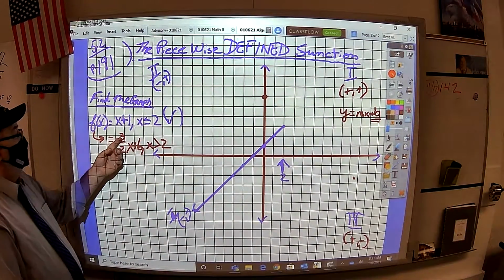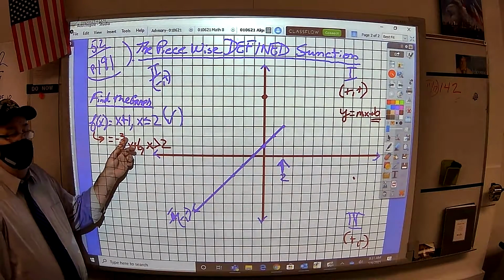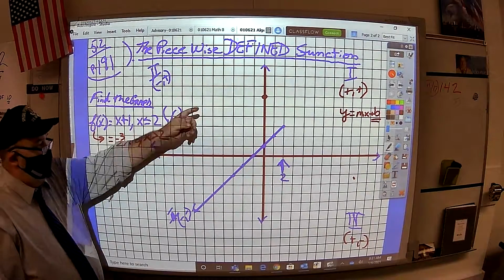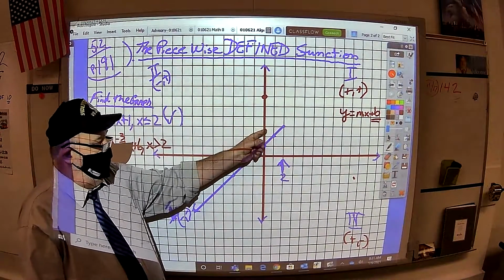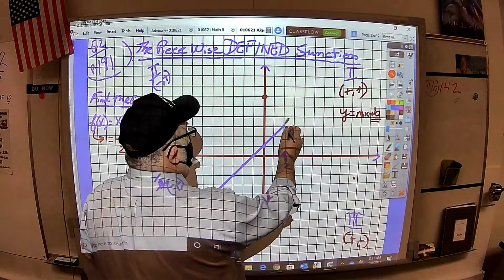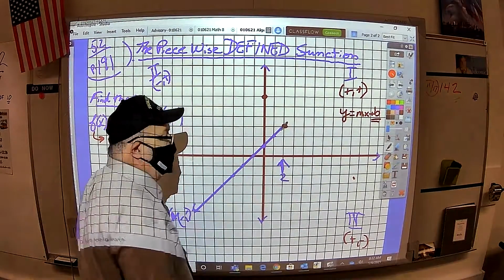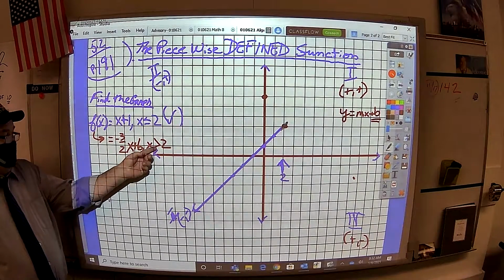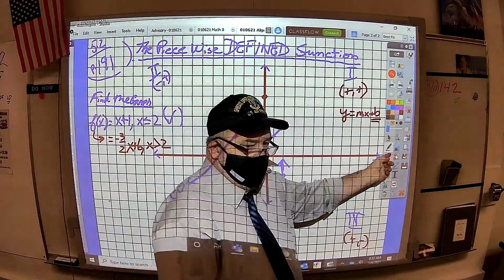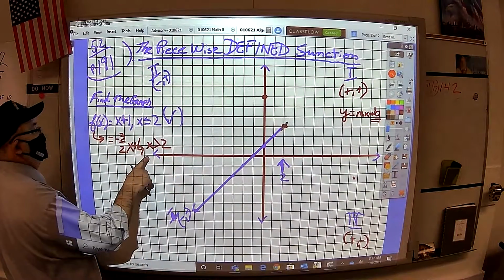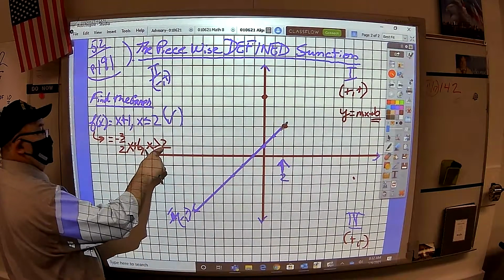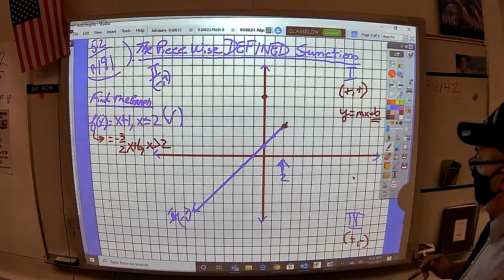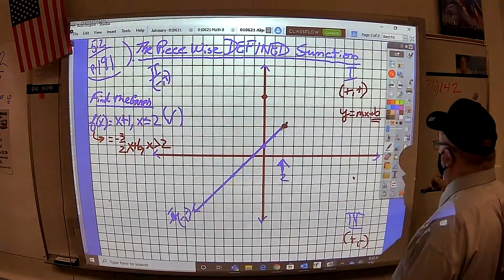Now I know I'm going to drop down 3, y over x, right? Drop down 3 and go over 2. So look at this. It matches that spot. But x now has to be greater than 2. Now, herein lies the problem. I know this line has to look like this.